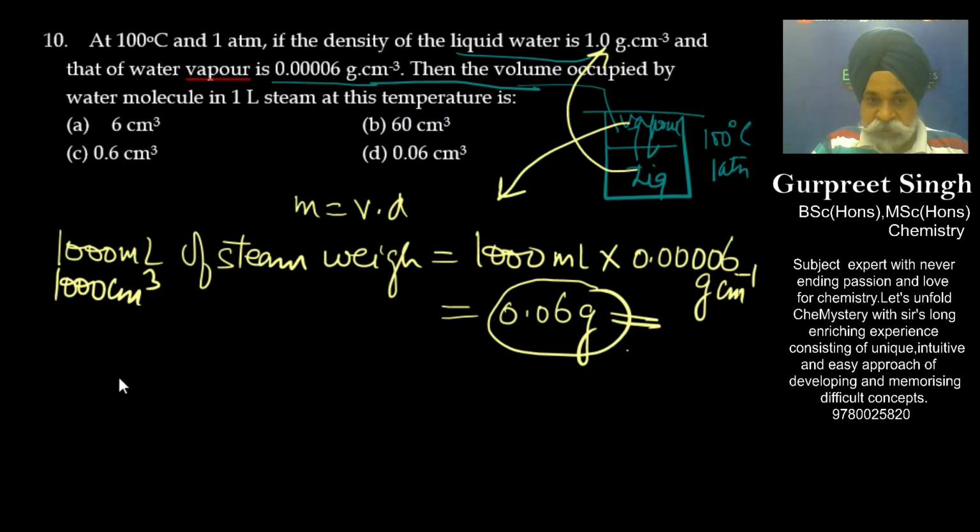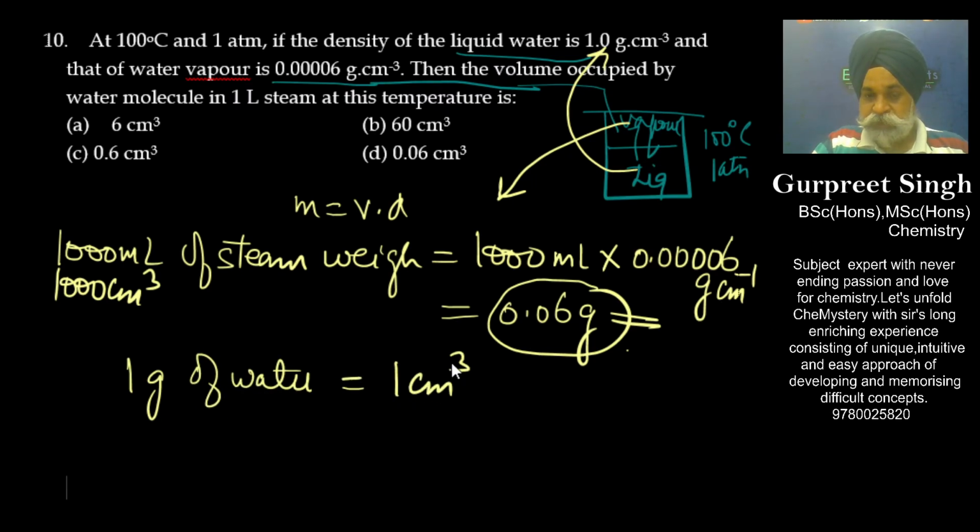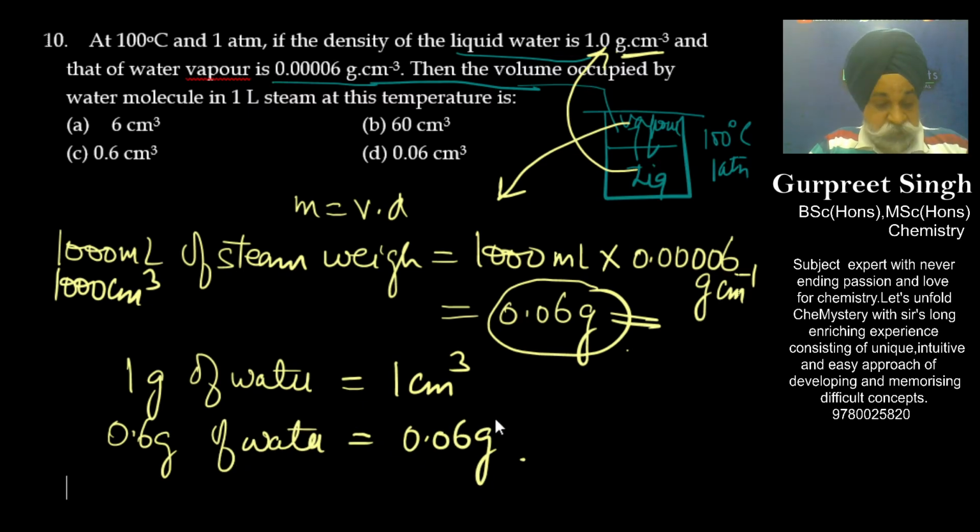So I shall now be saying that 1 gram of water has volume 1 centimeter cube because the density is 1 gram per cc. So if you have 0.6 gram of water, the question is very simple. It would be this much gram, this much cc. So the answer to this question should be option D if the calculations are right. Yes, it seems right. 1, 2, 3, 4, 5.